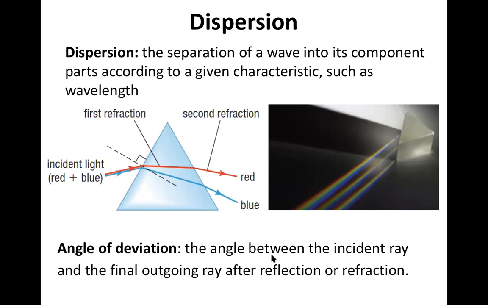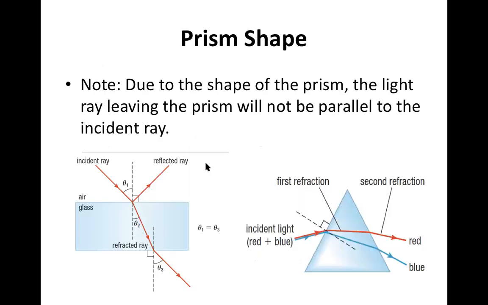Now we get to the angle of deviation. It's the angle between the incident ray and the final outgoing ray. So if this is the incident ray and it's going to continue along that direction, what's that angle compared to the normal?